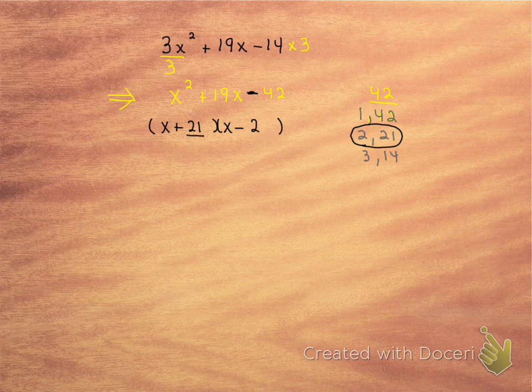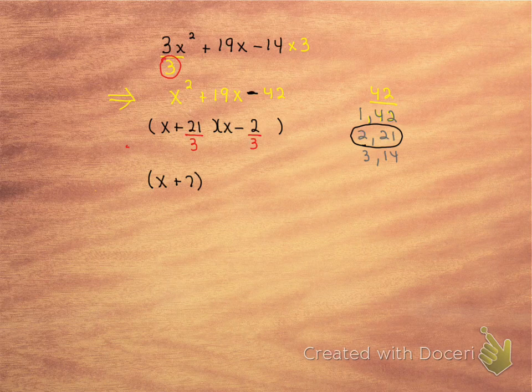So that 3, let me change colors here. I'm going to do red. Okay, I'm going to reintroduce the 3 by dividing it into the 21 and into the 2. Okay, so now we're at the point where we're going to reduce the fractions as far down as they can go. Well, 21 divided by 3 is 7.